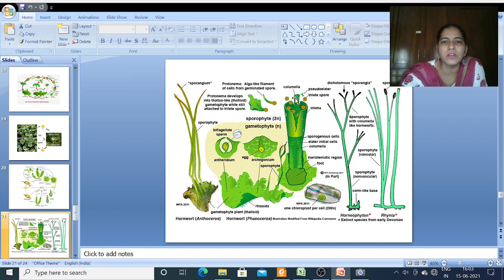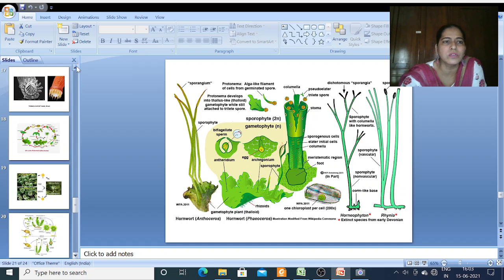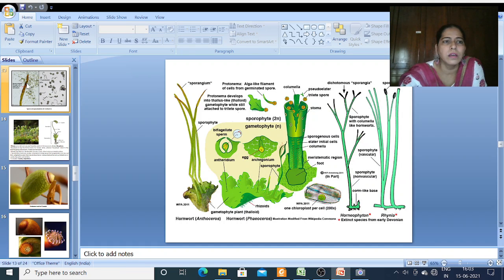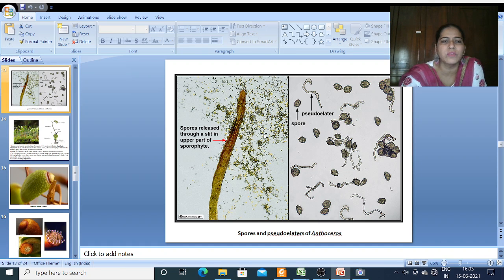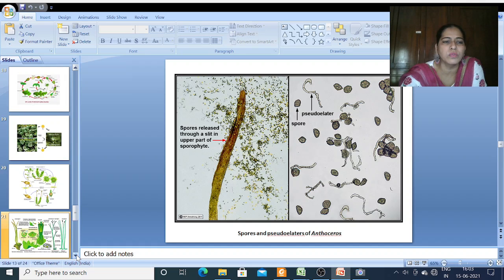You have a central columella and a spore sac on both sides of the columella, and spores will be formed after the meiotic divisions, and these will be released just like I had shown you in the earlier photograph. I will just show you again. Like here, the longitudinal slit will be there, and the spores will be released, and the pseudoelaters will help in them.